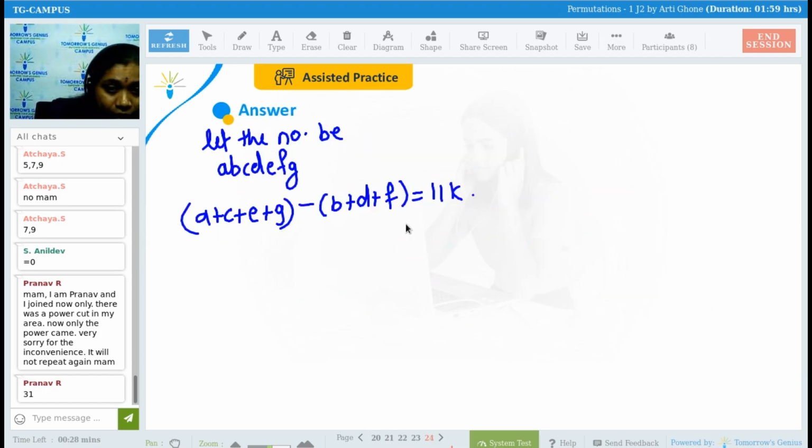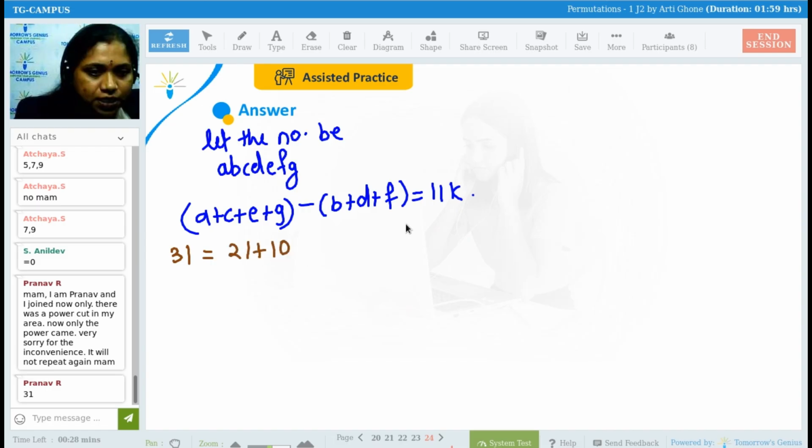So pay attention. Now what are the proper cases? I want to resolve 31 into two parts such that one part is even and another part is the highest odd. So it is only one possibility, that is 21 plus 10. Clear? 21 plus 10 is the highest possibility. So what are the cases that arise?